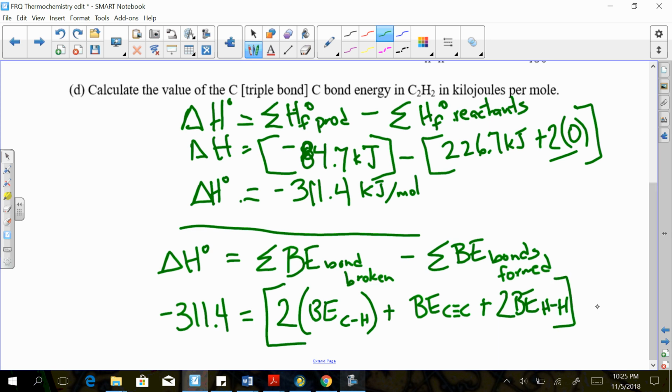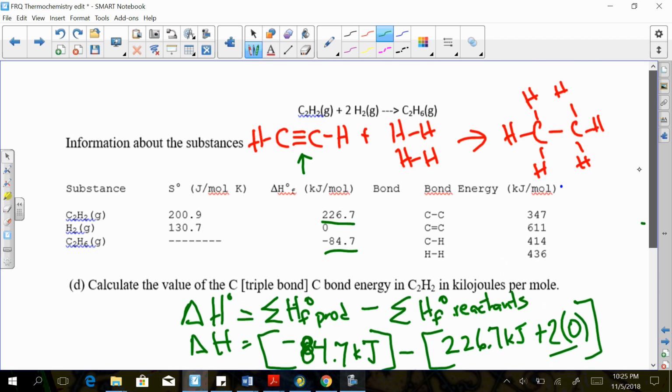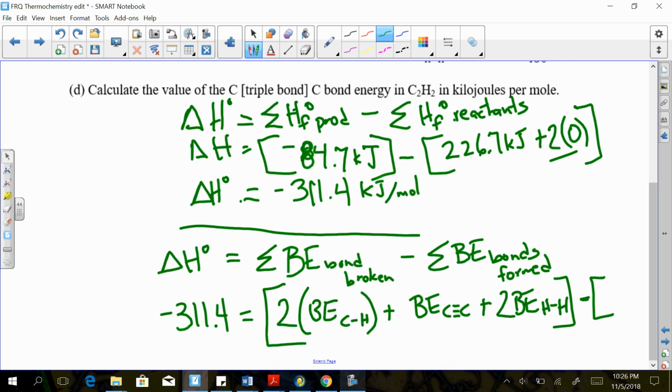Okay, so minus the bond energies of all the bonds formed. And if I look over here, I have 2 types of bonds formed. I have 6 of these carbon-hydrogen bonds and 1 carbon-carbon bond. So I have 6 bond energies of the carbon-hydrogen plus 1 bond energy of the carbon-carbon.